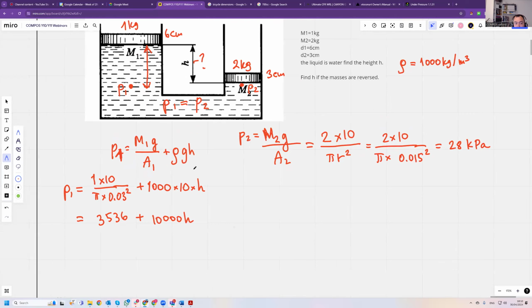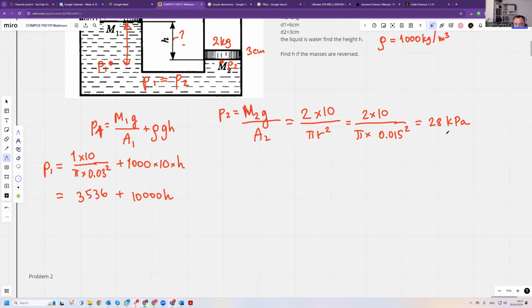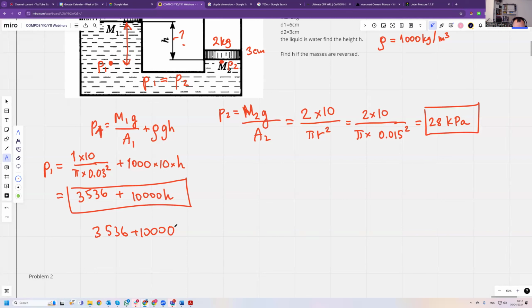And we know that pressure 1 is equal to pressure 2. So now we can equate them. 3,536 plus 10,000 H has to equal 28,000 pascals.